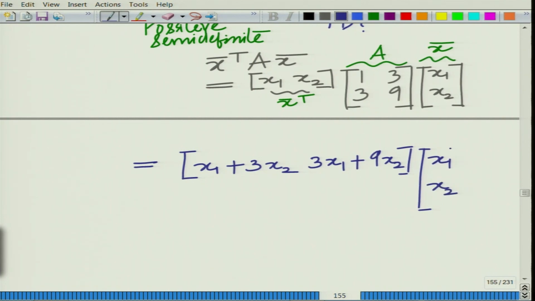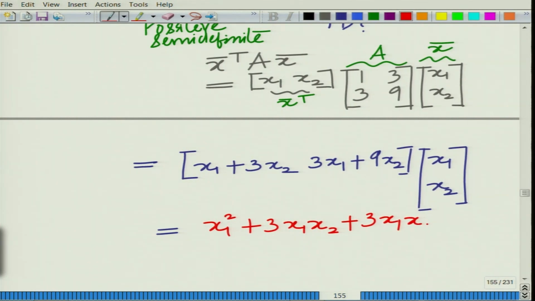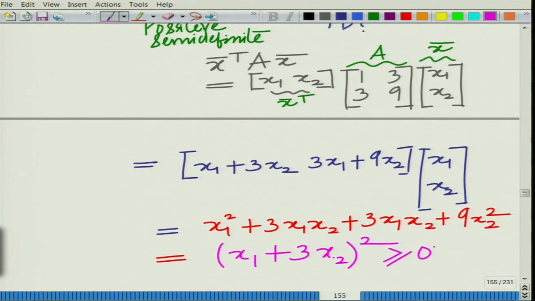x1 x2, and that gives us x1 square plus 3x1 x2 plus 3x1 x2 plus 9 x2 square, which is equal to x1 plus 3x2 whole square, which is greater than or equal to 0.